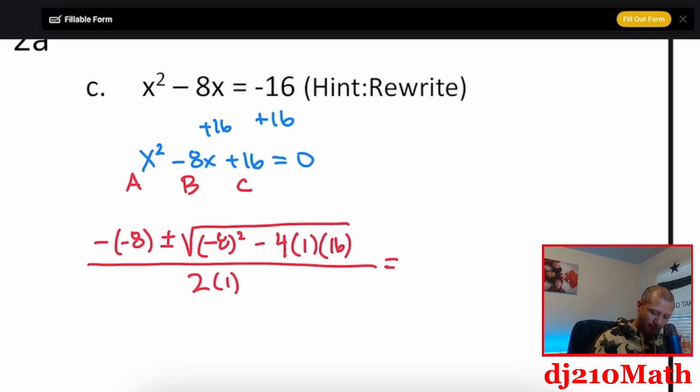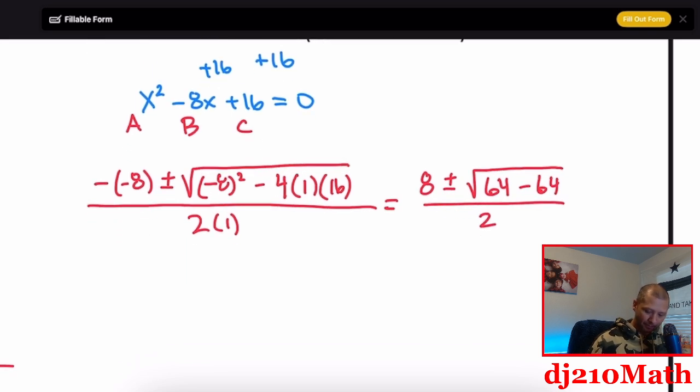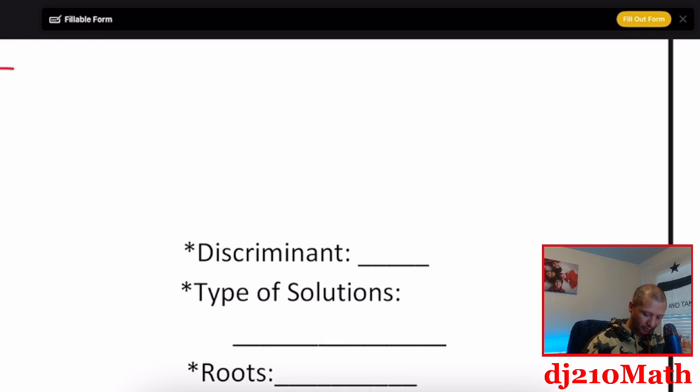So this is going to be 8, because negative times a negative, plus or minus 8 times 8 is 64, minus 4 times 16 is also 64. That's nice. Over 2. So the discriminant, the part underneath, is going to be equal to 0. So the discriminant is 0. When the discriminant is 0, we're guaranteed to have one solution.